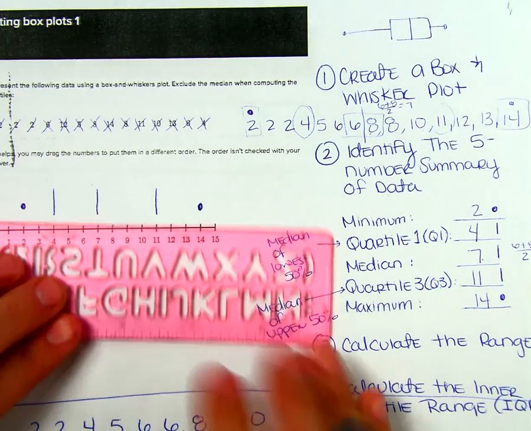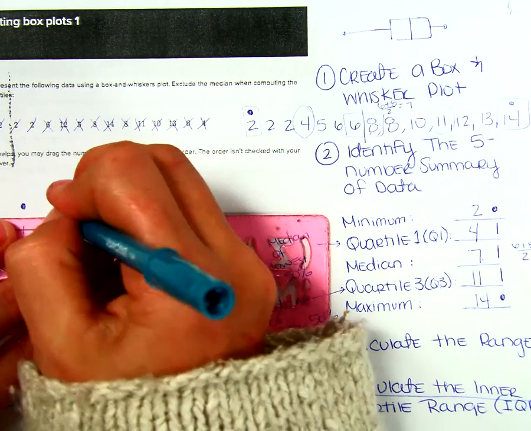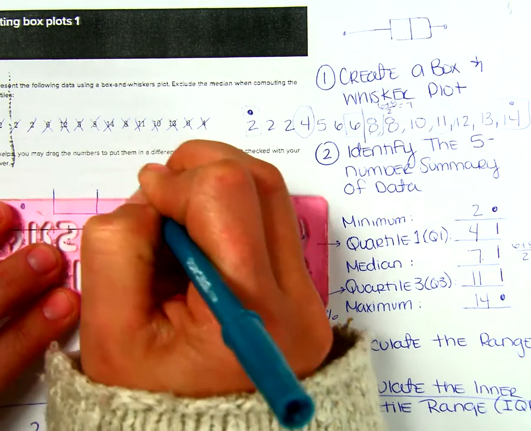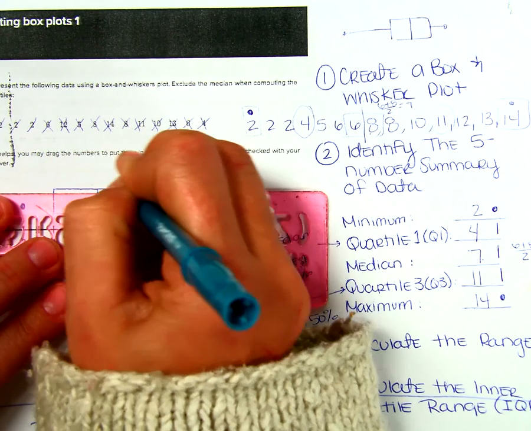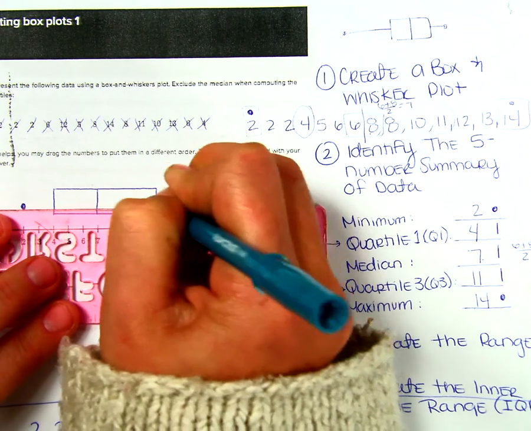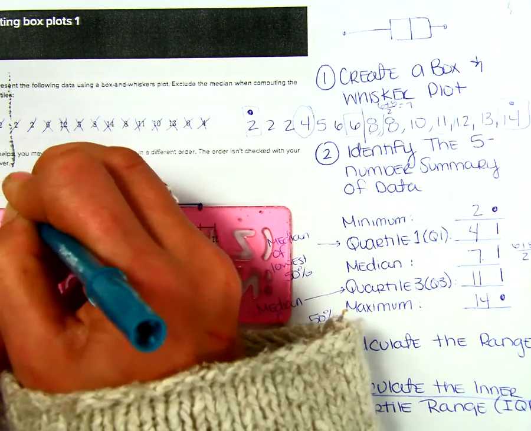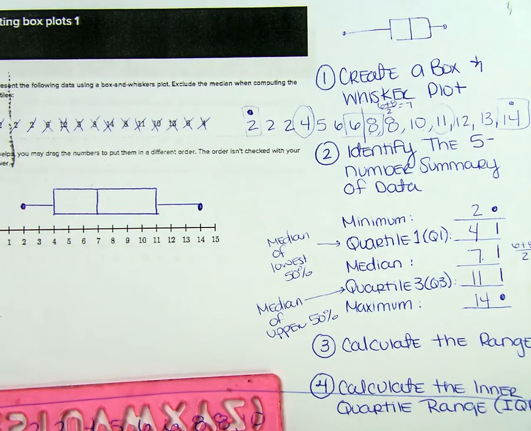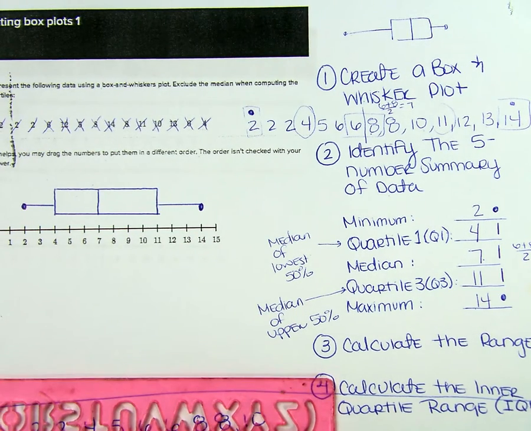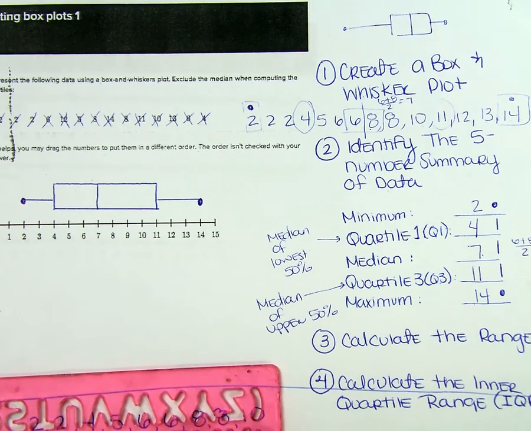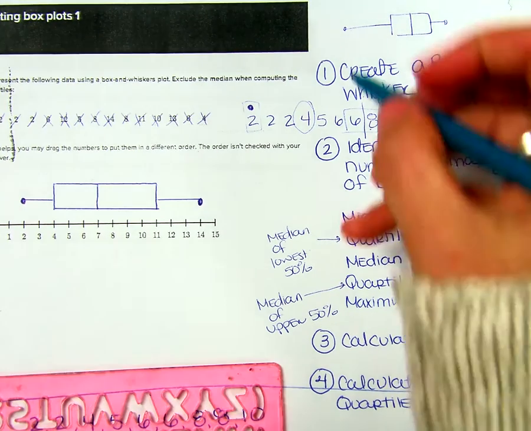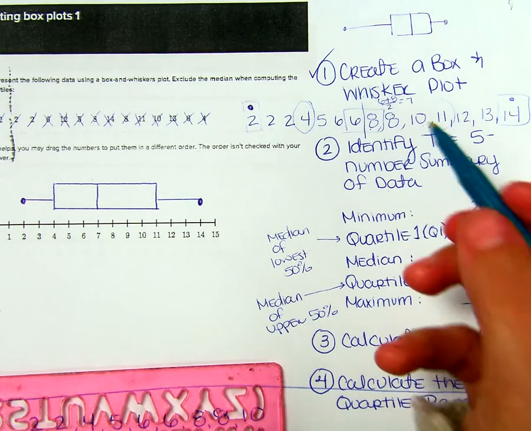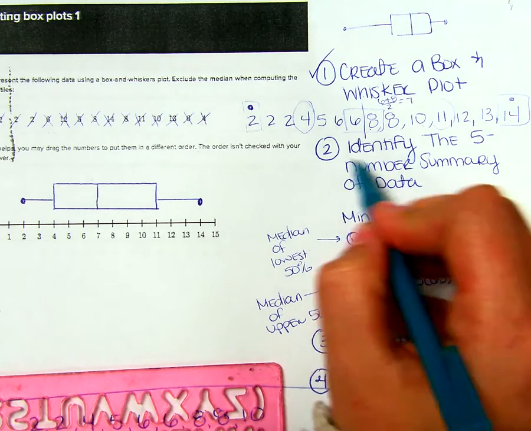These 3 lines will make our box. And then these are our whiskers. We'll talk a lot more about what this box plot actually is tomorrow or in class. So we've created the dot plot or the box plot. This is our 5-number summary.